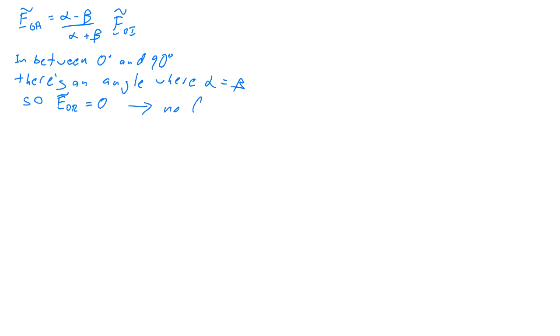No reflection right there. So alpha is equal to beta. Let's see what that angle is. We wrote down alpha. Alpha equals beta. I'm going to write it this way. This is 1.